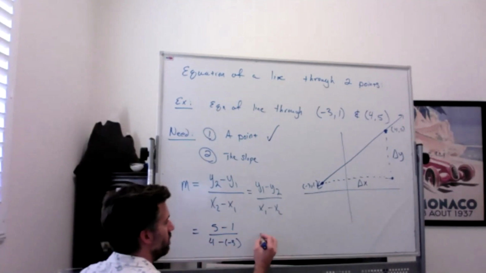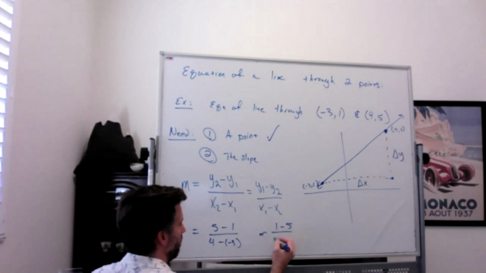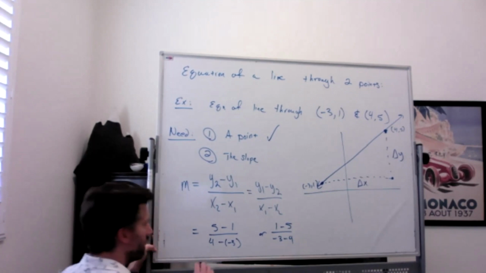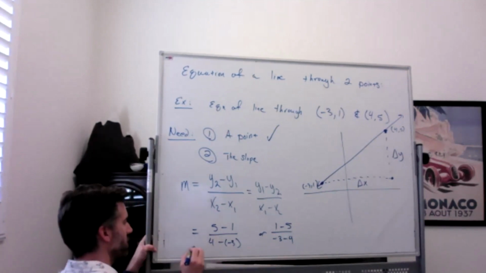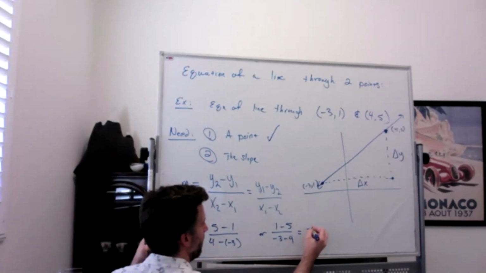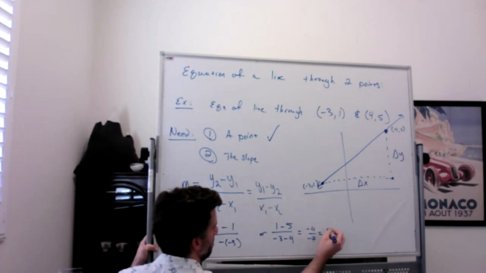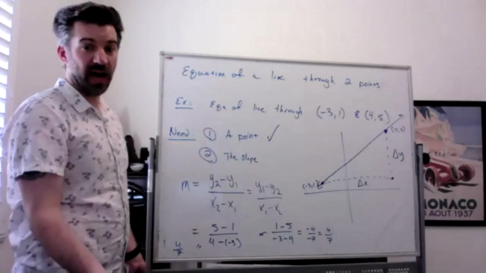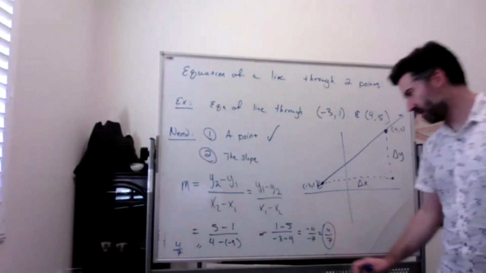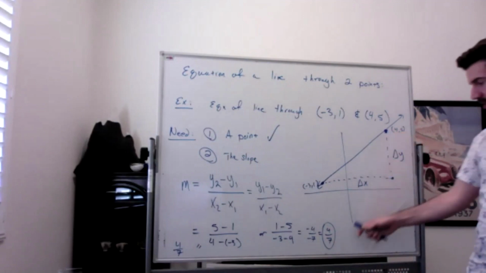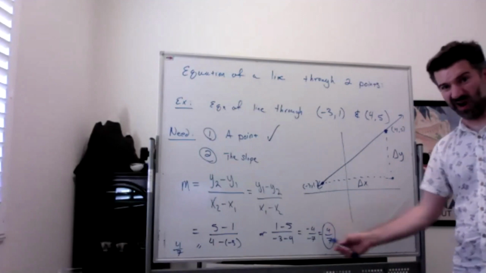Or you could do 1 minus 5 over negative 3 minus 4. Either way, for this one you'll get 4 over 7, and for this one you'll get negative 4 over negative 7, which is the same thing. So now we have our slope. It's 4/7. When I read this slope being 4/7, it means if I go over 7, I go up 4, because my run is 7 and my rise is 4.